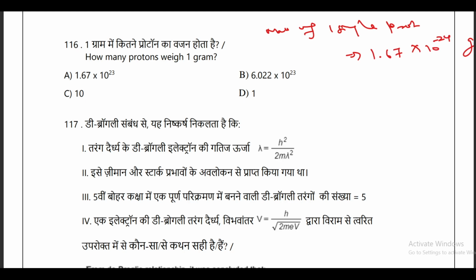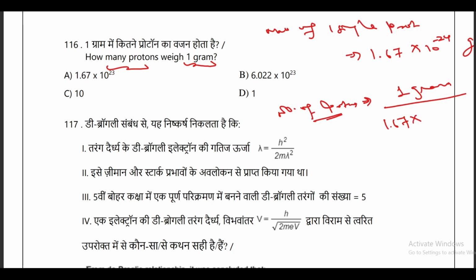And if you want to find the number of protons in 1 gram, in that case you have to divide 1 gram by the mass of one proton, okay, which is 1.67 into 10 raised to power minus 24 gram.